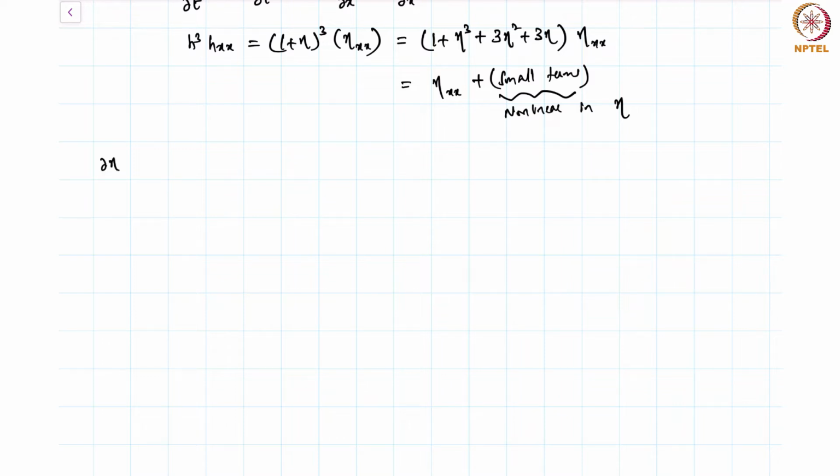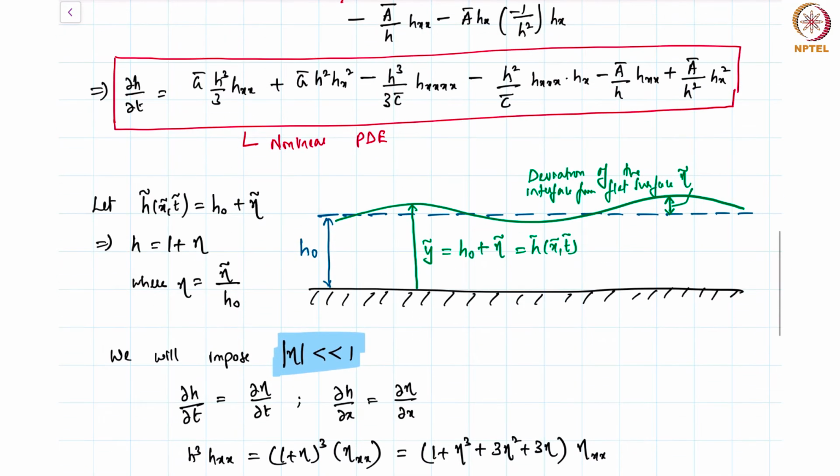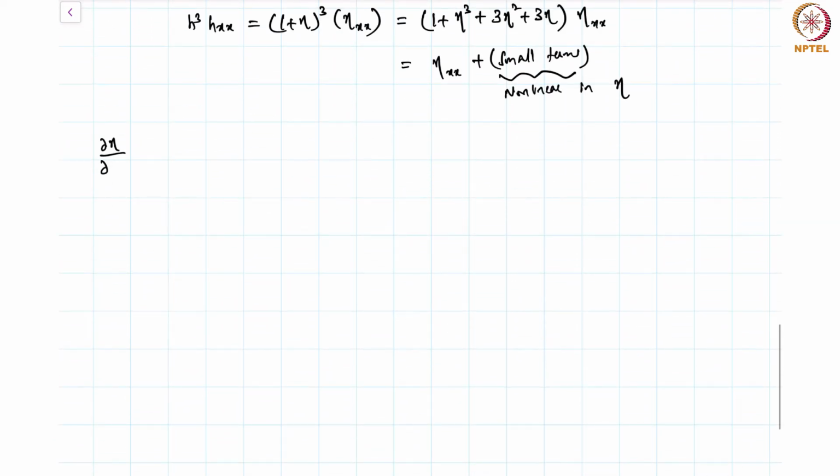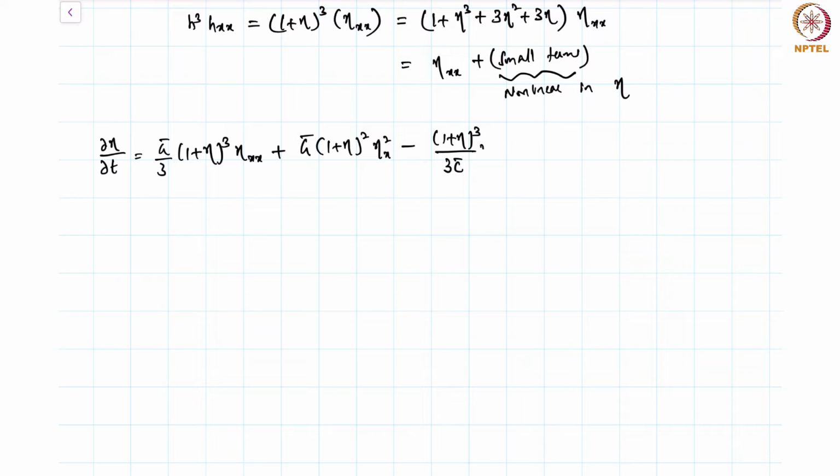So just for completeness, I'll write down the evolution equation. We have the evolution equation after substituting h is equal to 1 plus eta, which now becomes del eta by del t equals g bar by 3 times 1 plus eta whole cube times eta xx, then we have g bar times 1 plus eta whole square times eta x whole square, minus 1 plus eta whole cube by 3 c bar times the fourth derivative of eta, that's the other term.